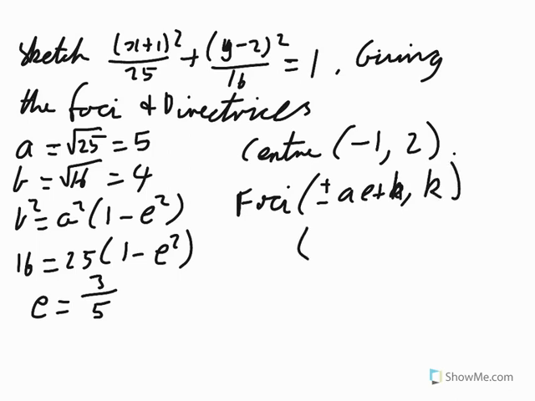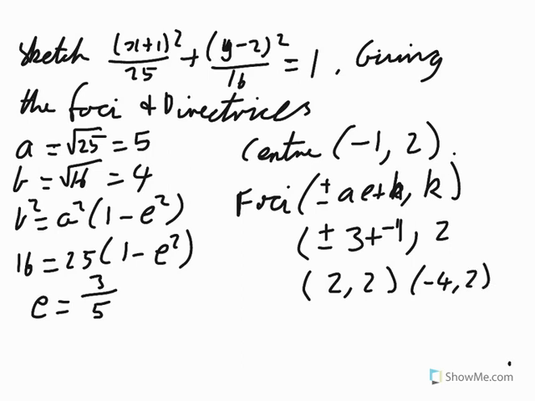So when we do that, that's plus or minus A times E, which is 3, 3 plus negative 1 and K, which is 2. Alright, so we would have two of them. One of them is positive 3 plus negative 1, so that's 2, 2. Negative 3, take another one, negative 4, 2. There's our foci.